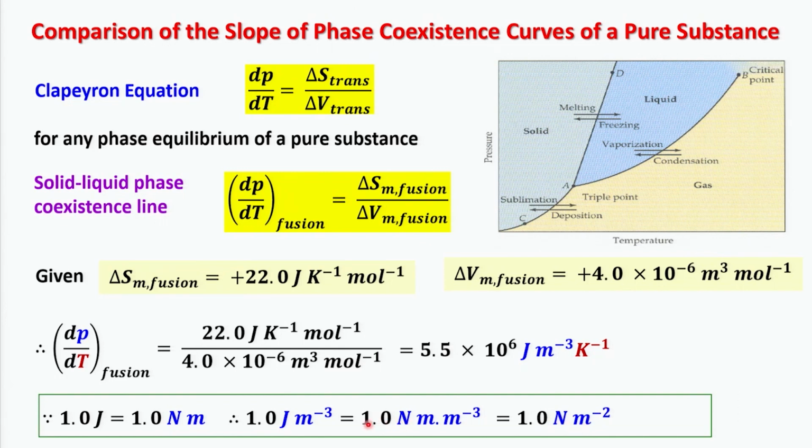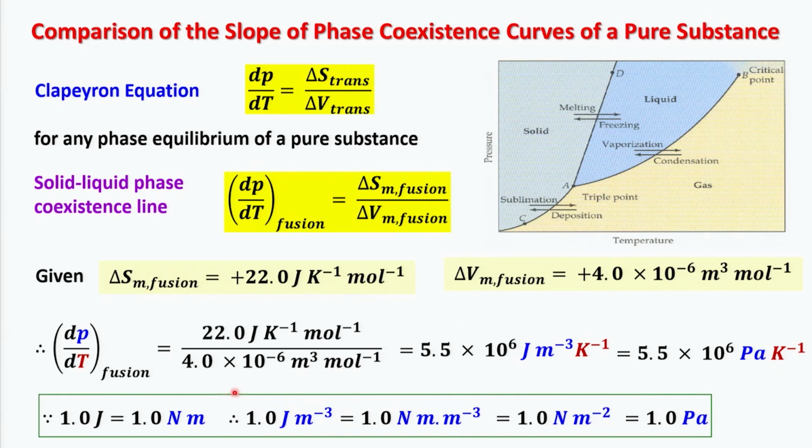Therefore, whenever I am writing down 1 joule per meter cube, I am essentially looking at an energy scale or the pressure scale of 1 Newton force per square meter area, and by definition this is nothing but 1 Pascal, and therefore, I would say that this is 5.5 into 10 to the power of 6 Pascal per Kelvin.